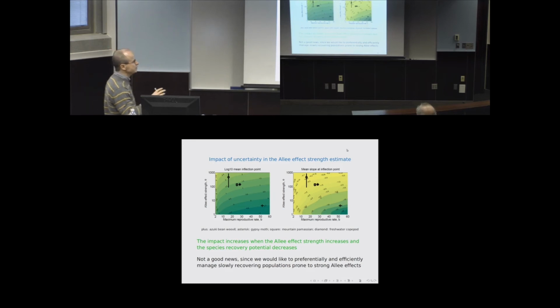So the more dangerous the situation, the less recovery potential the population has, so B is low, and the stronger the Allee effect, the larger our slope at the inflection point gets. So the message from this is that the impact of uncertainty in estimating the Allee effect increases with lower B and higher theta.